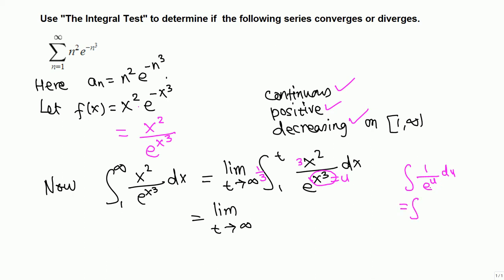We know how to integrate this. 1 over e to the u du is the same as e to the negative u du, and when we integrate, this becomes e to the negative u divided by negative 1. So this is the antiderivative we're going to use.